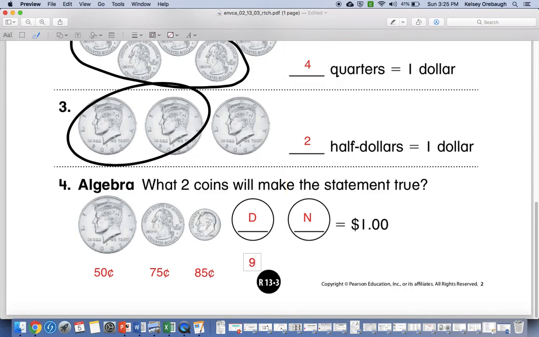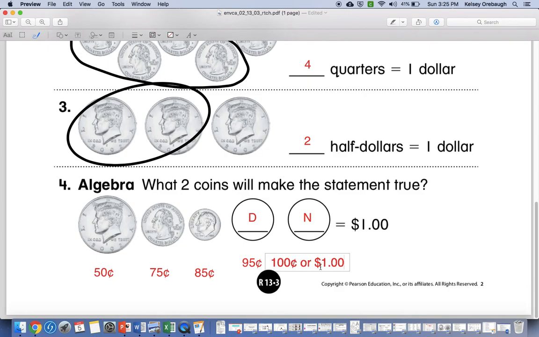85 plus 10 would give me 95 cents. And then finally, I added a nickel because a nickel is worth 5 cents. And 95 plus 5 is 100. So, altogether, I have 100 cents or $1.